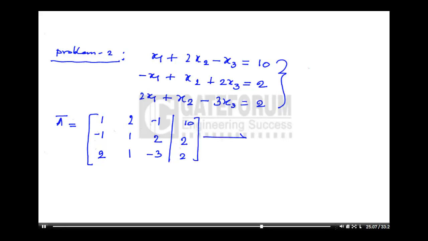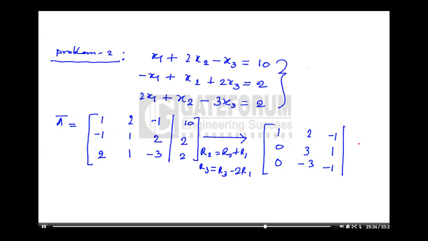Applying elementary row operations, we get R2 equal to R2 plus R1, which carries the similar meaning to R1, and we get 1 0 0, 2 3 -3, -1 1 -1.